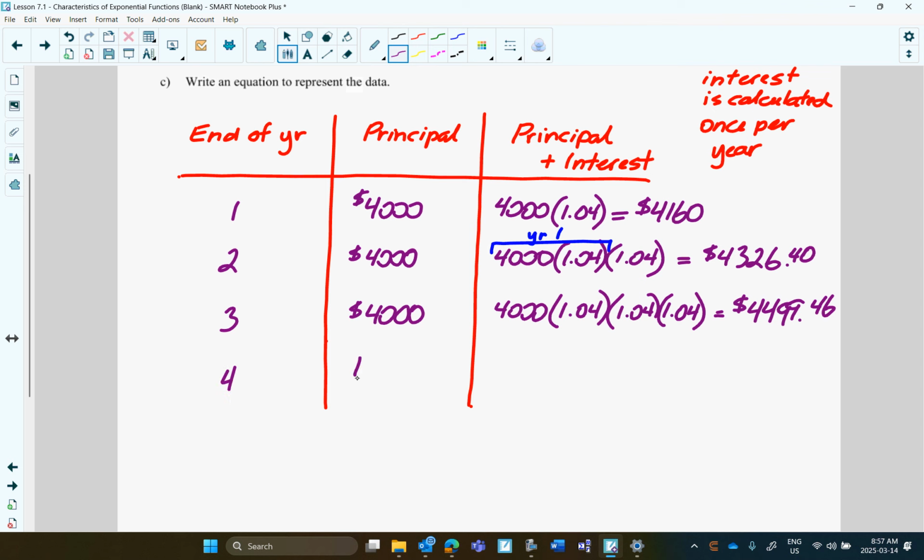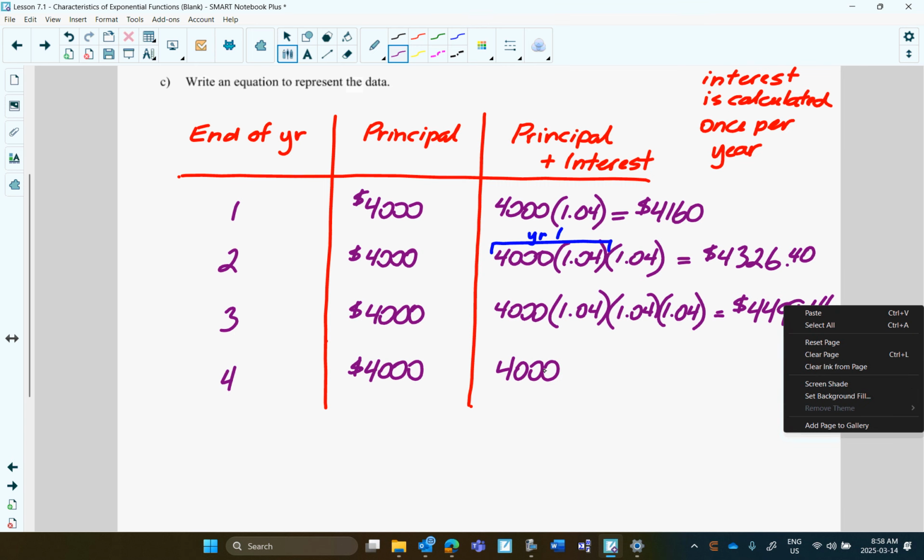At the end of year 4, what would you do to calculate your principal and interest? Like take this and multiply by another 1.04? Okay, I don't want to keep writing these. Not times 4. How can I write 4 1.04s being multiplied by each other?